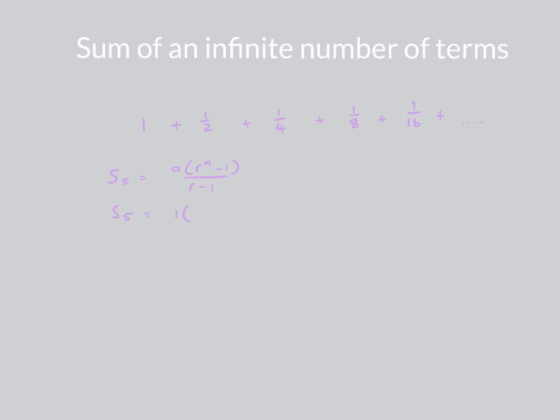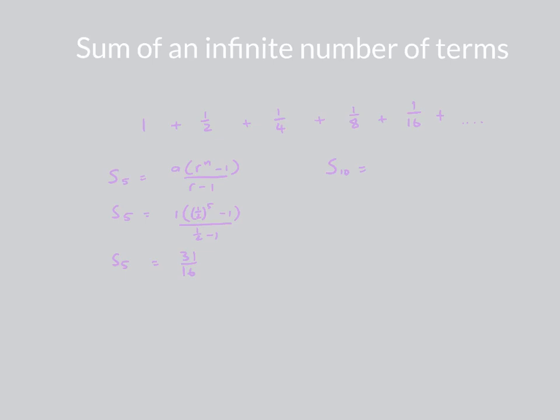Everyone orders half of what the person before him ordered. So it's a half, and then how many terms are there? 5, minus 1, over a half minus 1. So the sum of the first 5 terms is equal to 31 over 16.